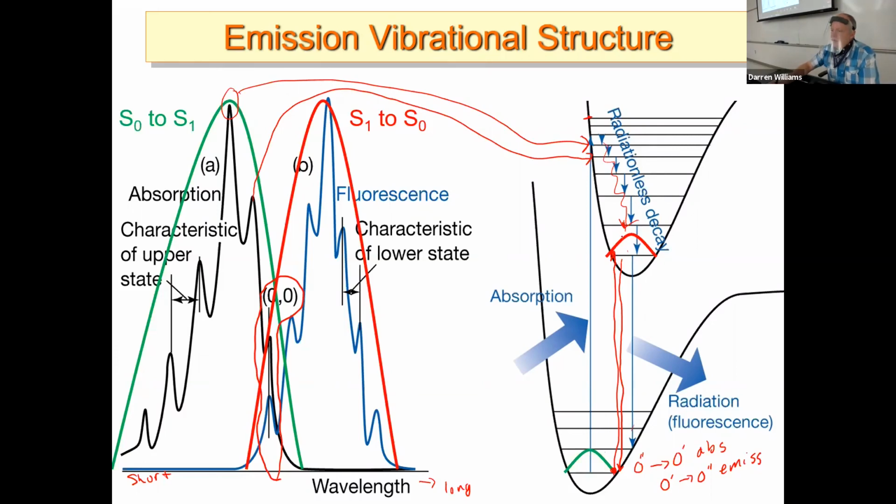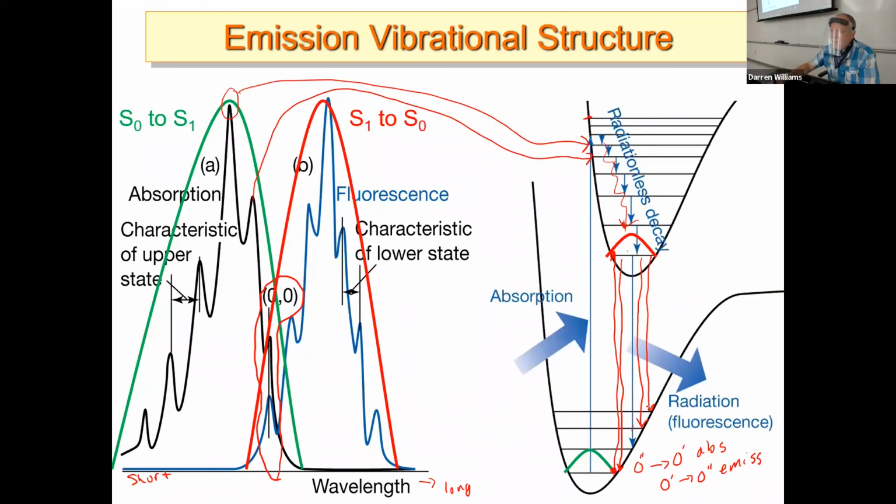Can you see that if we're in this ground vibrational state in the upper electronic state, all of these arrows are going to be shorter than that one, because they're hitting vibrational levels that are higher in energy. There's that arrow, and there's this arrow here. It's going to hit that level, and it's even shorter, so it's going to be a longer wavelength. This one is going to hit the next one.